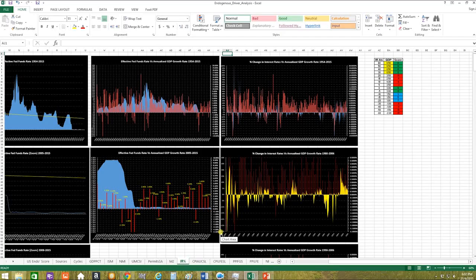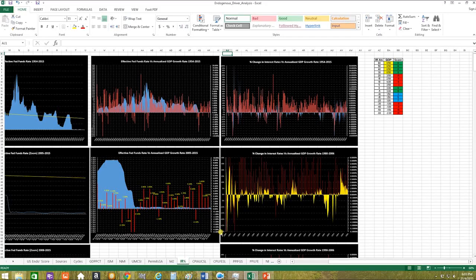The general message here is that the percentage change in interest rates historically is correlated to the annualized GDP growth rate at any one time. But there is a time lag. So, for example, when there are very large percentage change decreases in interest rates, this is generally associated with a slowdown in the annualized GDP growth rate. So basically the Fed is reacting by decreasing interest rates aggressively.